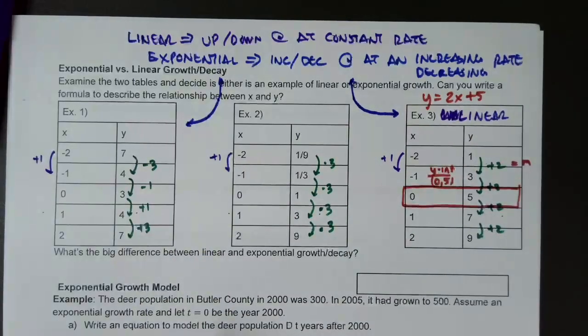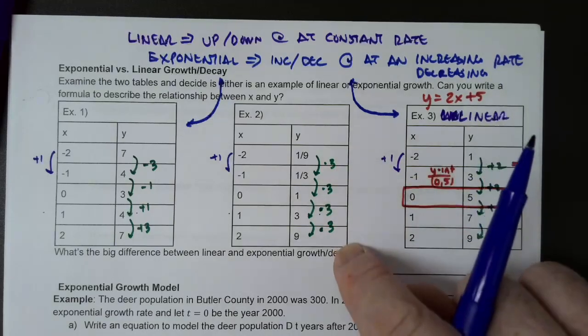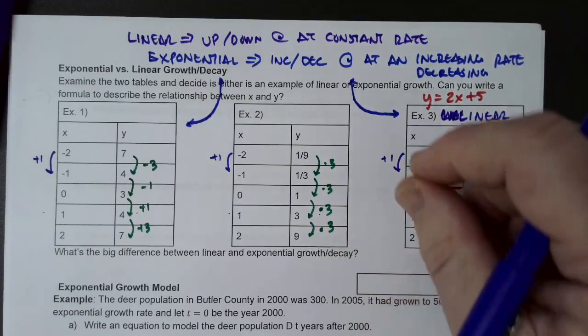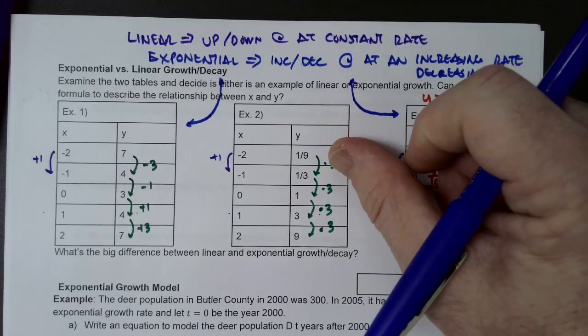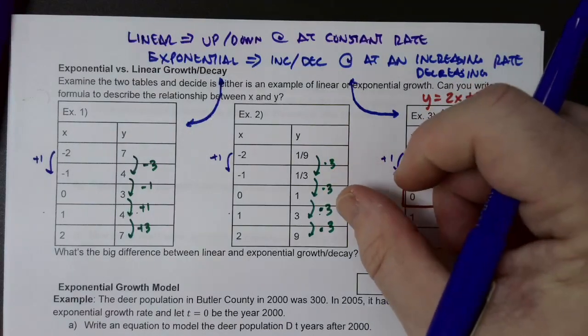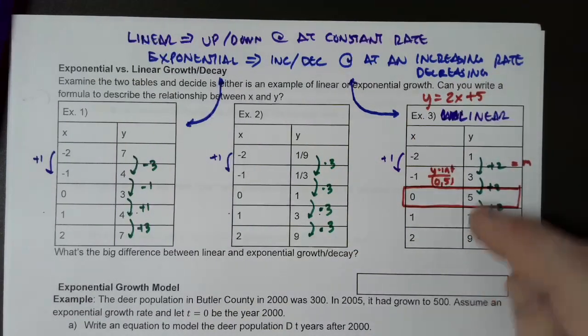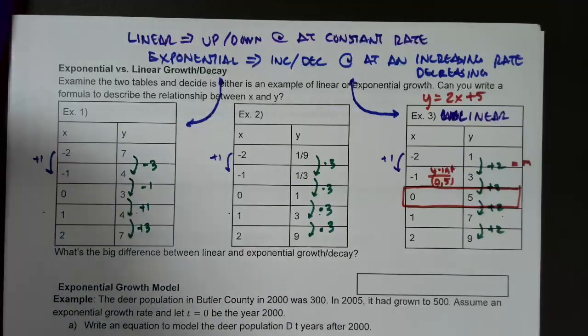That slope is going to 0. So the slope is always changing in an exponential. So it will look like we're increasing, but again, it's increasing times 3, times 3, times 3, times 3, rather than addition.